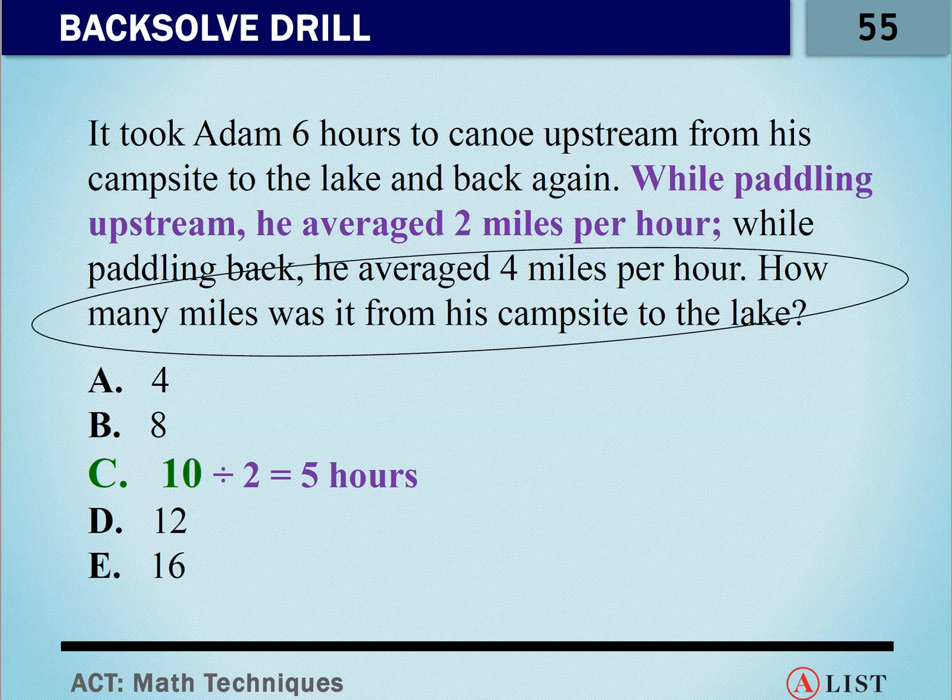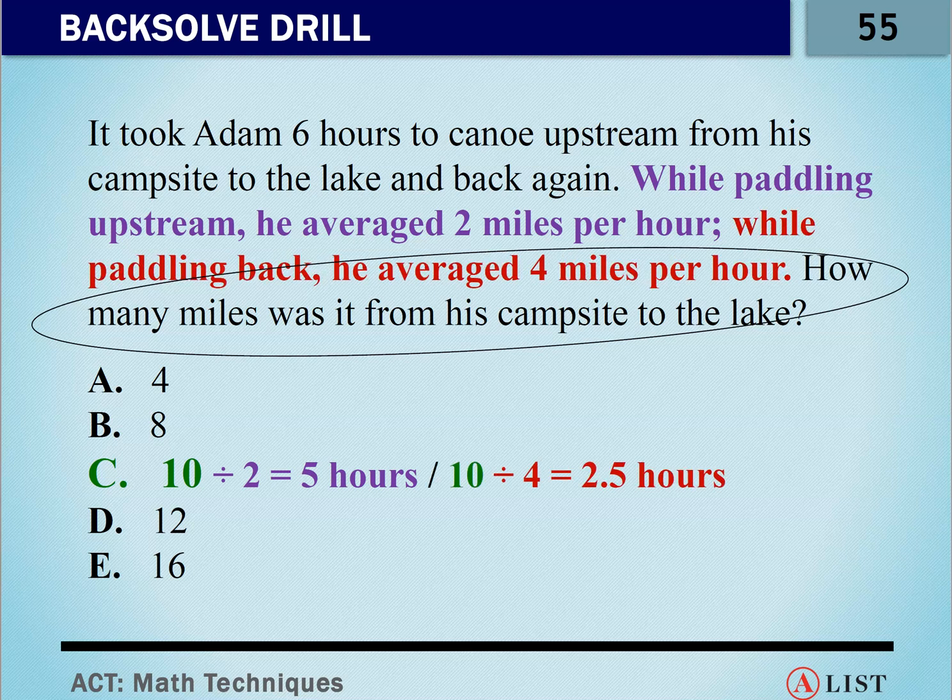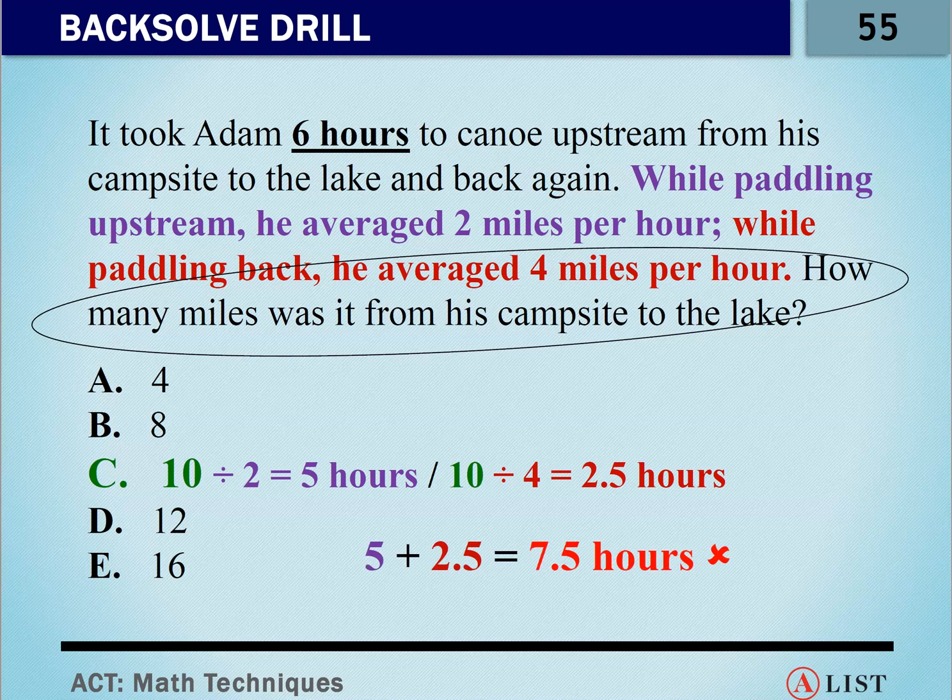So in this case, paddling upstream at 2 miles per hour, it took 5 hours to get there. Then coming back, because if you're picking 10, it's still 10 miles from the campsite to the lake, and then the lake to the campsite. 10 divided by 4 is 2.5 hours, and that's a total of 7.5 hours. But Adam only had 6 hours in this problem, so that was way too much.